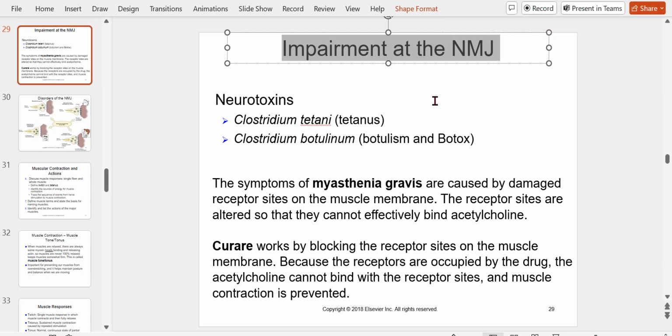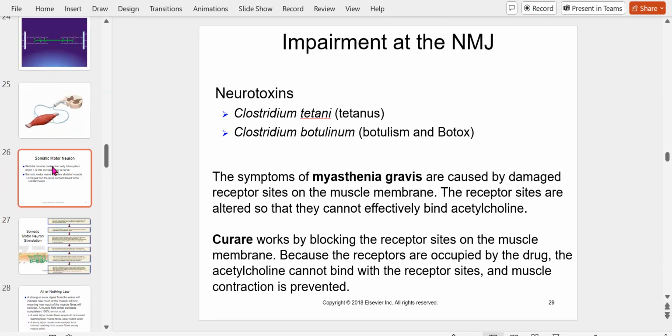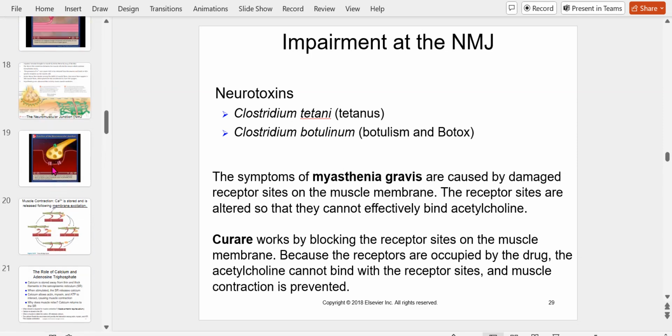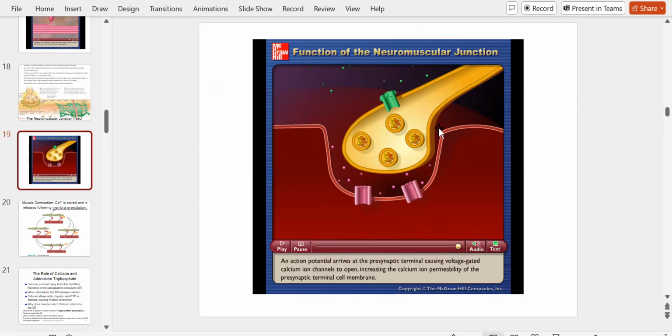Impairment of the neuromuscular junction. When we're talking the neuromuscular junction, you will remember that's what we're talking about there. There's a lot going on here. You've got the nervous system, okay, and the message comes down the neuron, and as it comes down, calcium is brought in, which then signals the release of the neurotransmitter. The neurotransmitter then gets released into the gap.